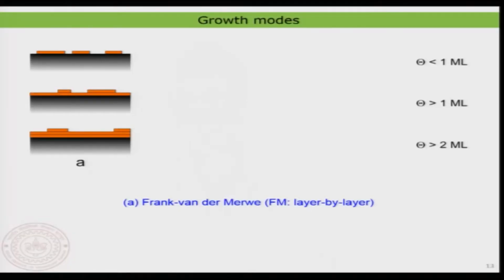Now, let us look at the growth modes itself. So, what is the growth mode? When I talk about the growth mode, we are going a little bit into a higher dimension. That basically means you are now growing more and more layers on top of the surface. Here again just note that what I am showing is basically monolayer, so coverage below monolayer.